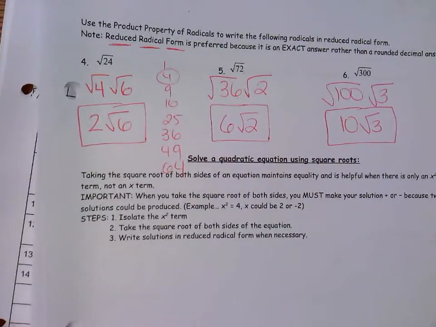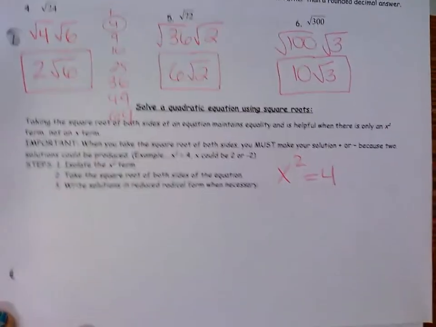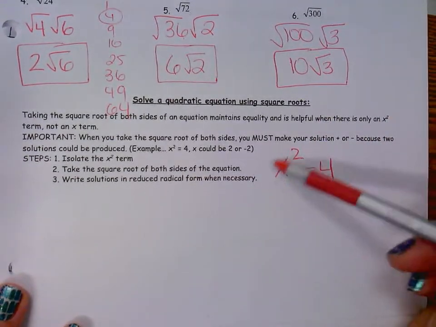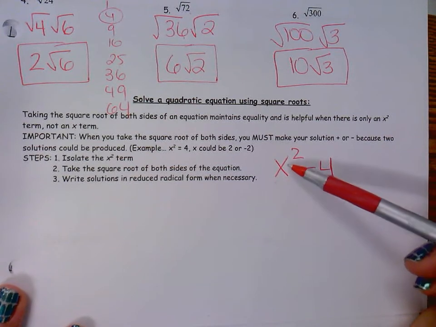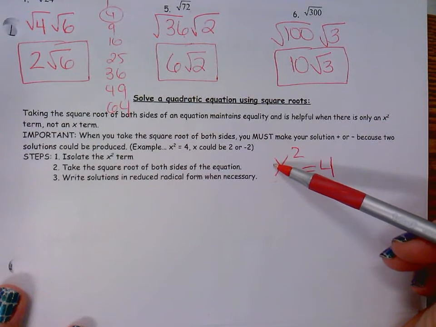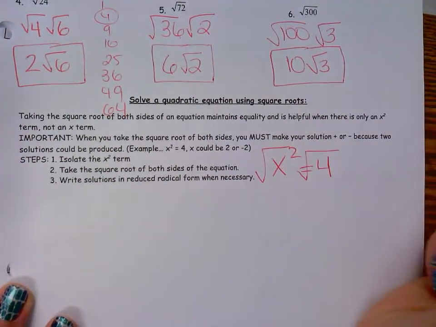So the example I give, if you're looking to solve x squared equals 4, the two solutions are positive 2 and negative 2 because 2 squared is 4 and negative 2, if you put it in parentheses, squared is also 4.